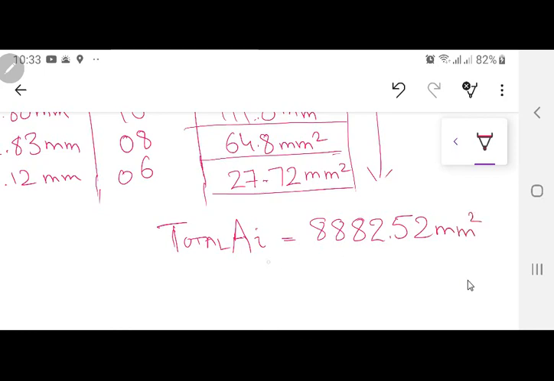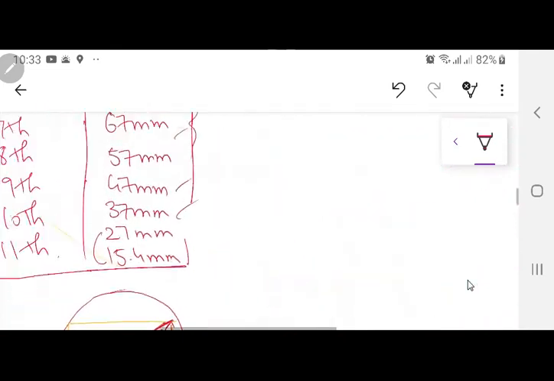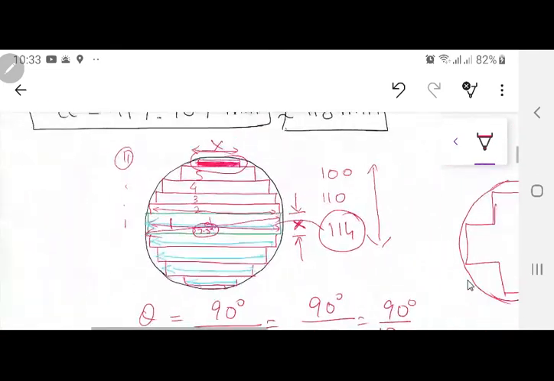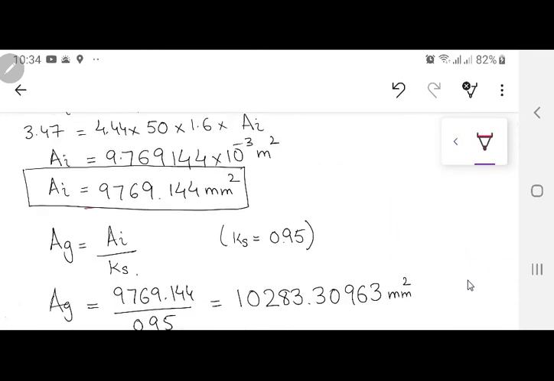Okay, now go back where we actually found out the AI today. 9769.144. ये क्या किया? We have done some mistake. कहीं ना कहीं हमसे मिस्टेक हुई है. ये ऐसा हो नहीं सकता कि this is 9769.